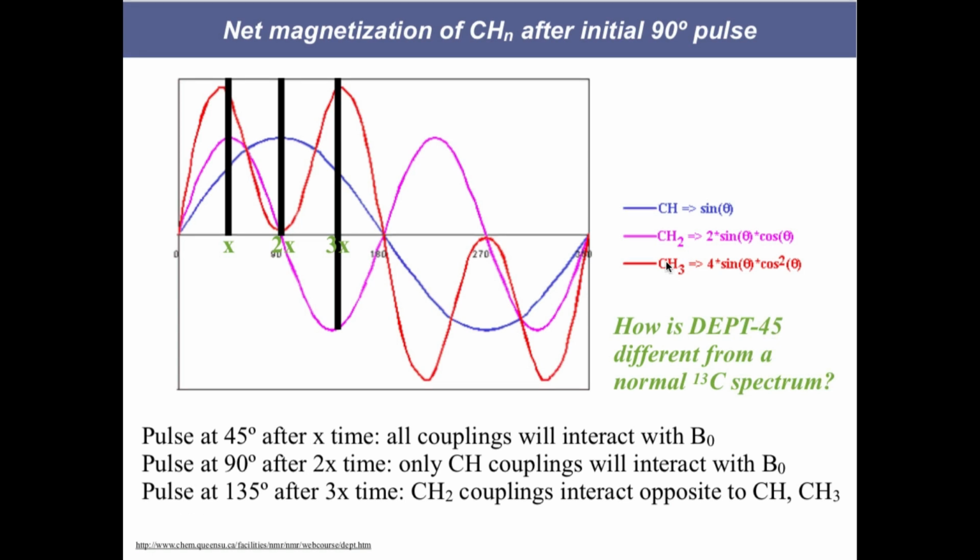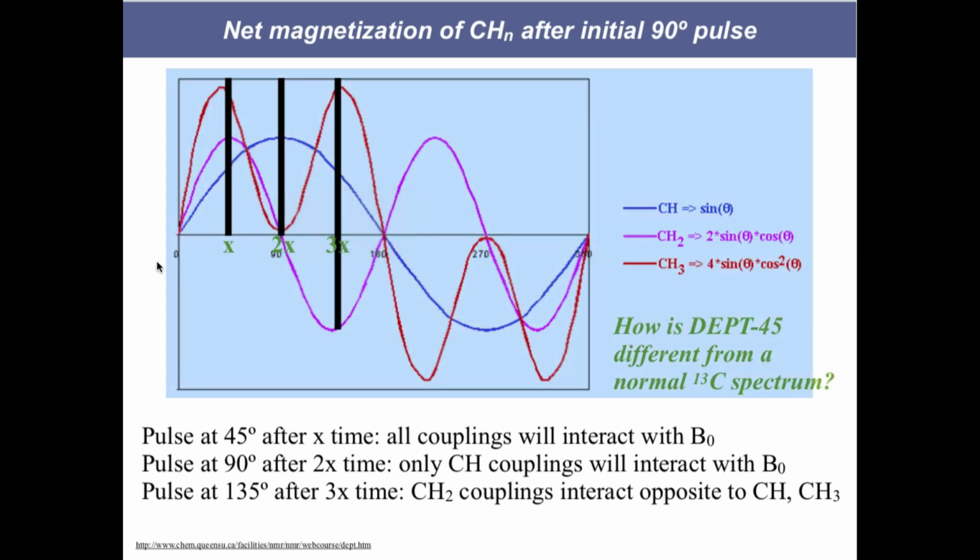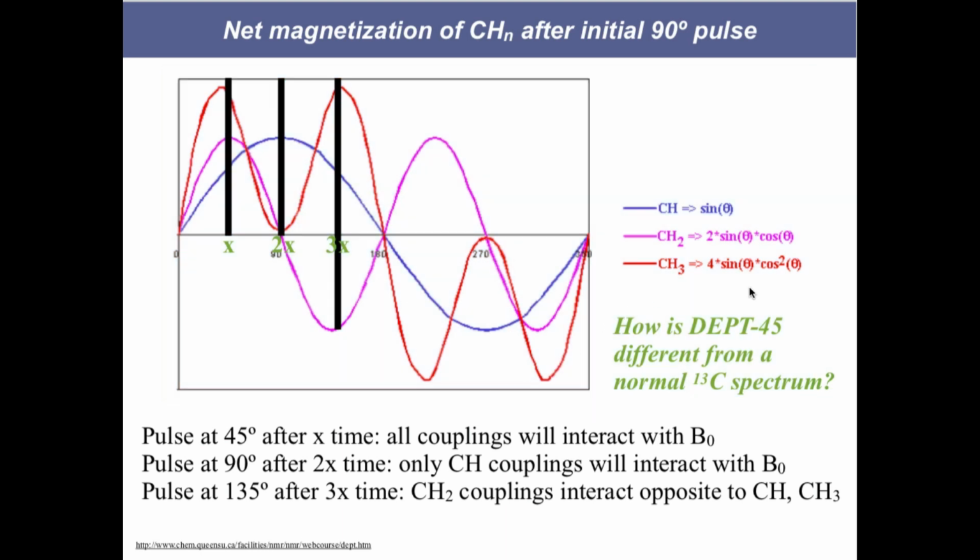If there are carbons with no hydrogens, then their interactions will not show up in this spectrum. So if we compare a DEPT 45 spectrum to a normal carbon-13 spectrum, any carbons that are quaternary will show up on the carbon-13 spectrum, but will be absent from the DEPT 45 spectrum, because what we are looking at in the DEPT 45 spectrum are the interactions between the carbons and their hydrogens.